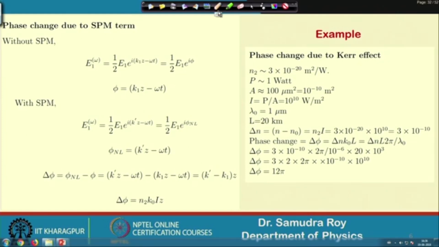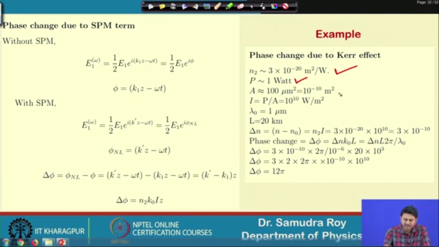The values that are given: N2 is 3 into 10 to the power minus 20 meter squared per watt. The value of P is given as 1 watt, A is given as 100 micrometer squared. Previously, if you remember, in one calculation we considered 100 millimeter squared, now it is micrometer squared, which is very small.